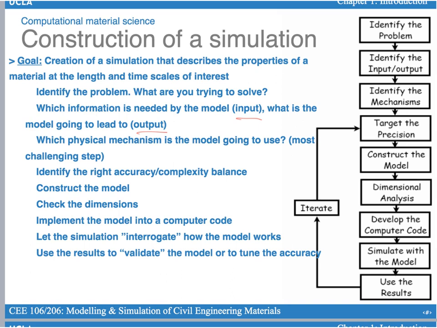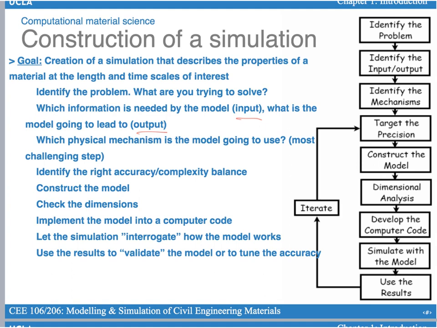That's why the very first important thing is to clearly identify the problem you are trying to solve, in order to then be able to choose the right theoretical framework that is going to allow you to solve this problem in the most efficient way, but also the most accurate way.